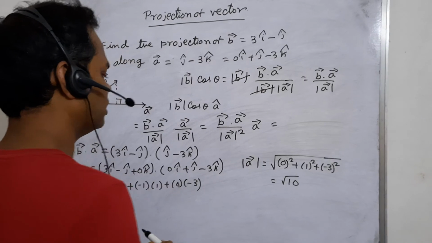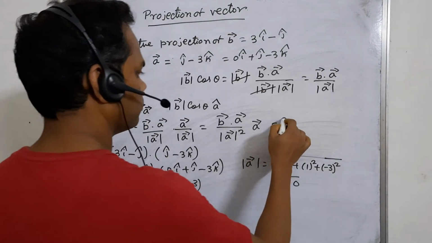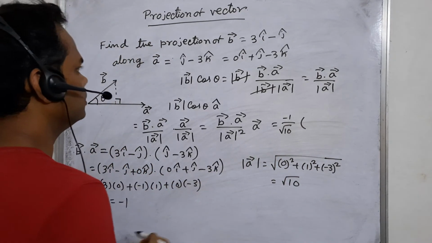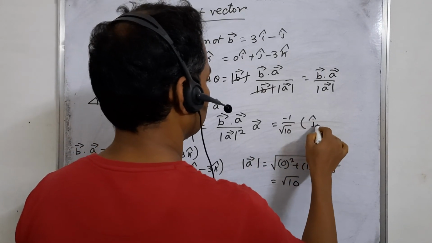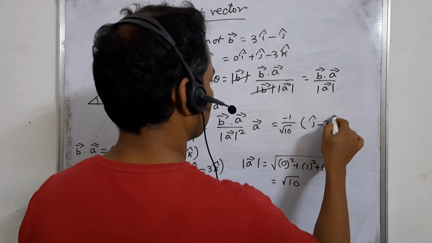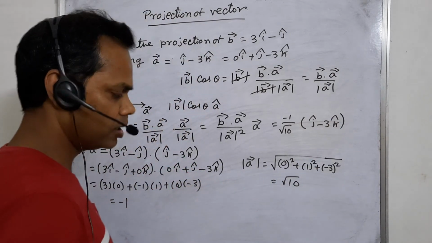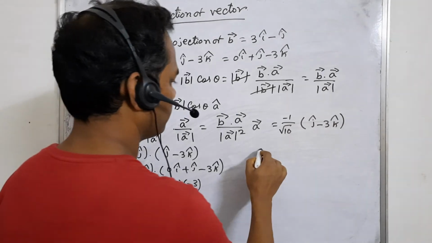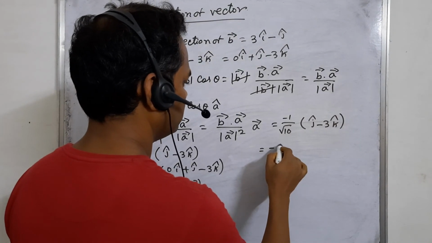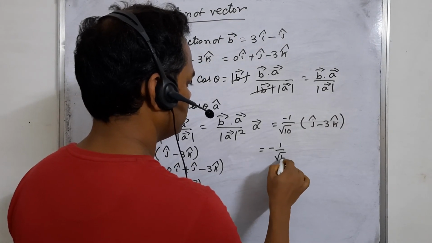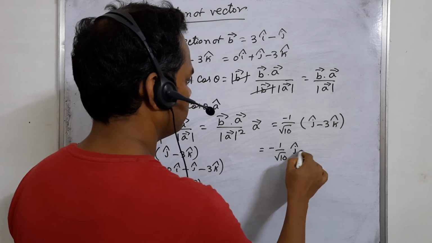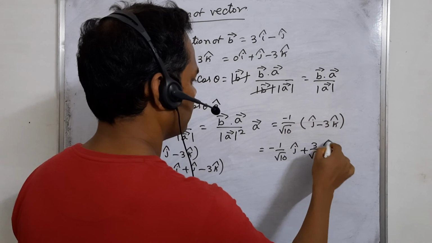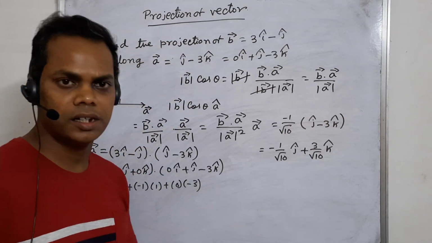So this becomes minus 1 by root 10 times a vector, j cap minus 3k cap. This becomes minus 1 by root 10 j cap plus 3 by root 10 k cap. This is the final answer.